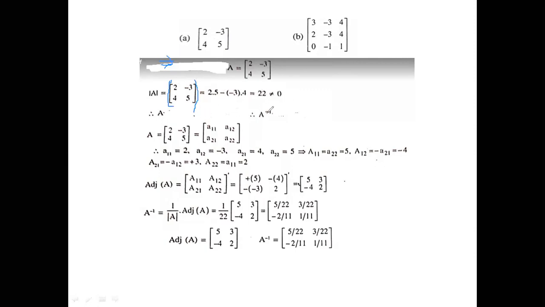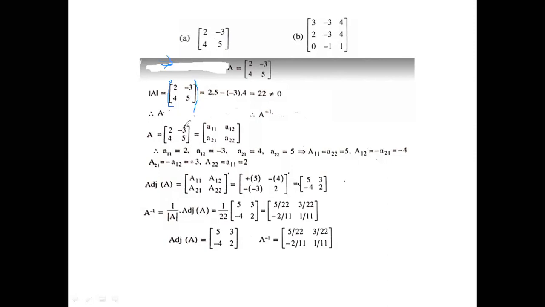Now, to find out the adjoint of matrix A, at first we have to find out the cofactor of the matrix. We have to find out the cofactor of 2, of 4, of minus 3, and of 5. So cofactor of 2 is 5.